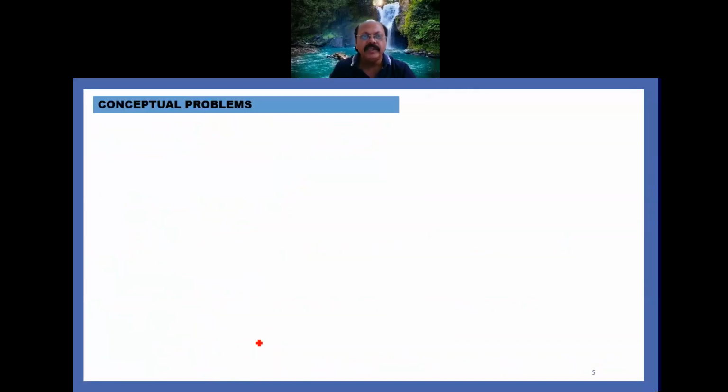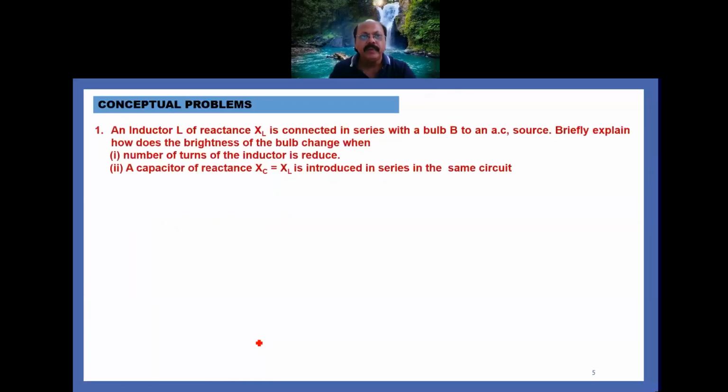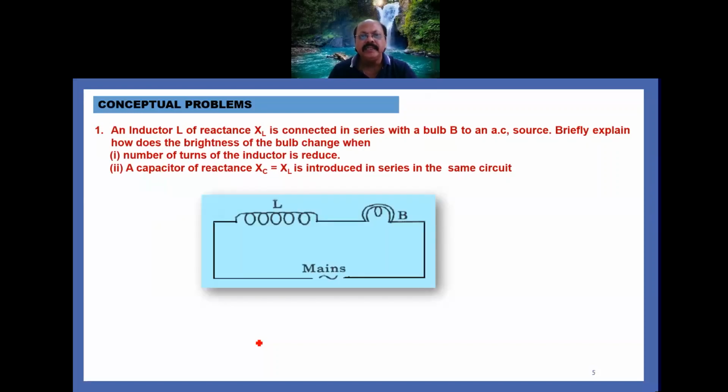Now we take some conceptual problems. The first problem: an inductor L of reactance XL is connected in series with a bulb B to an AC source, as you can see in the diagram. Explain briefly how the brightness of the bulb changes when the number of turns of the inductor is reduced.